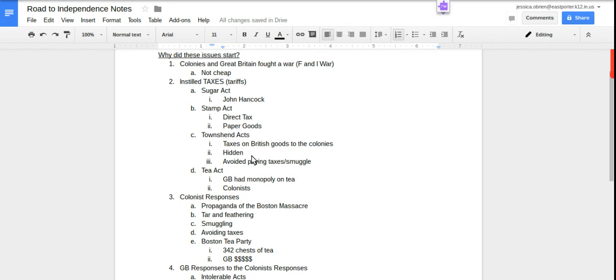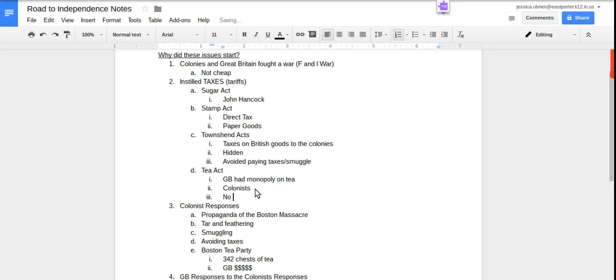So the colonists are not stupid. They get that these acts are ways to help pay for the war and to show dominance. What they were upset about is that they had no taxation without representation, right? That was the big idea. No taxation without representation. So many of them are like, listen, we get it.